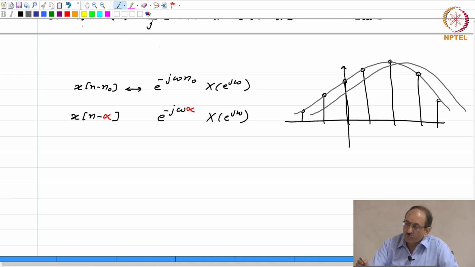Now, suppose you resample the shifted continuous time signal, but the points at which you sample remain the same. You sample exactly the same points. Therefore, now you will sample it here, here, here and so on.